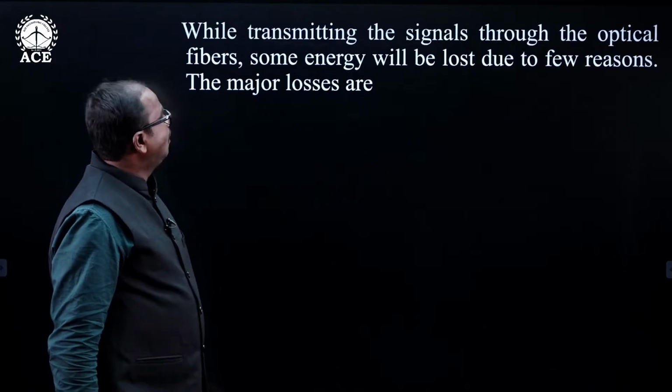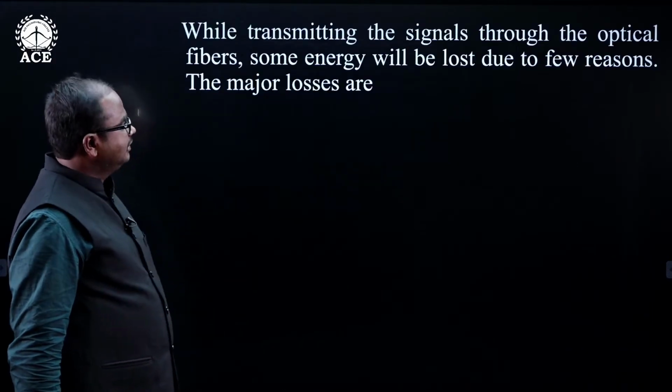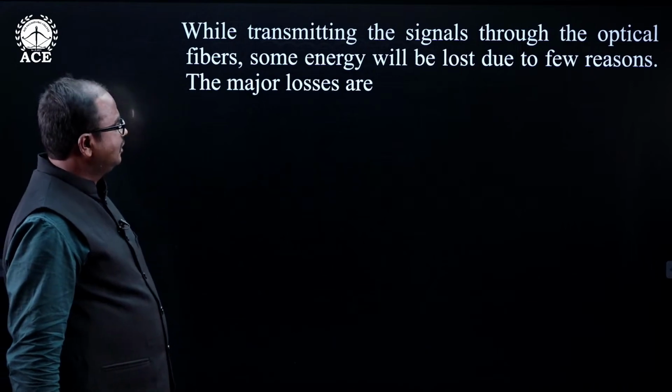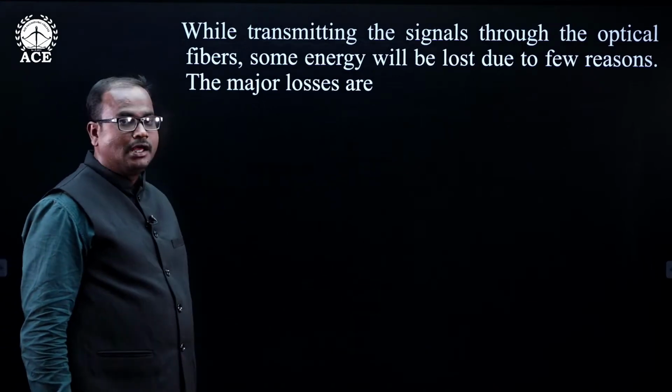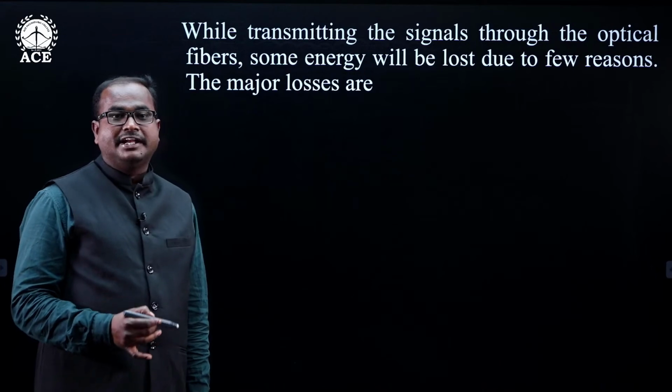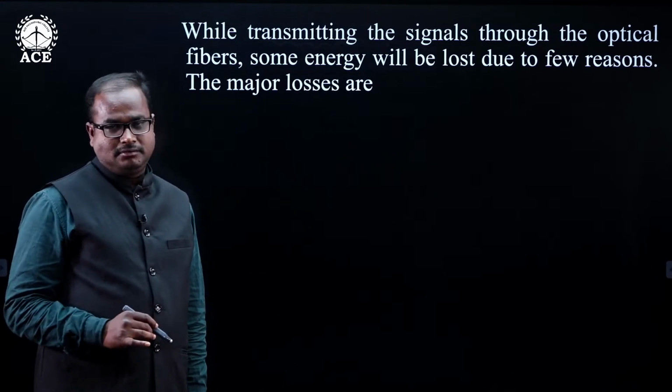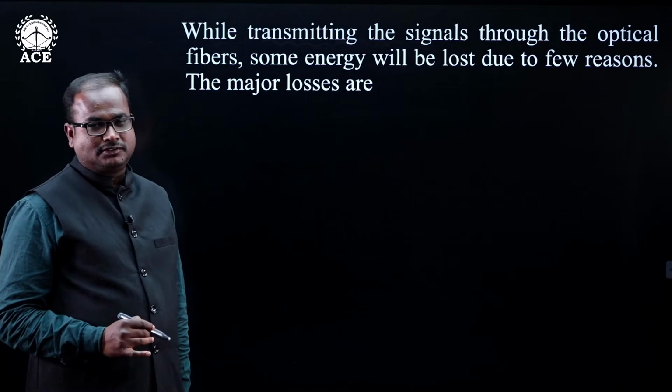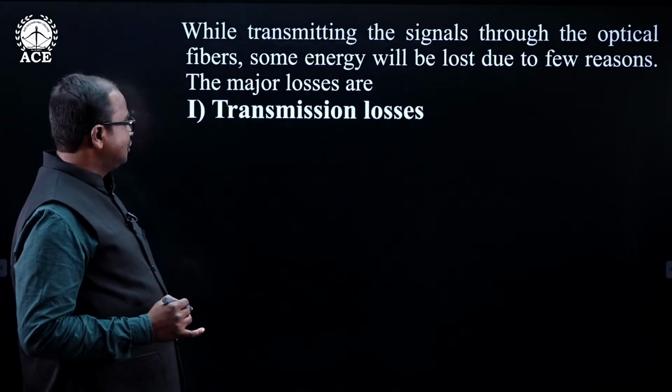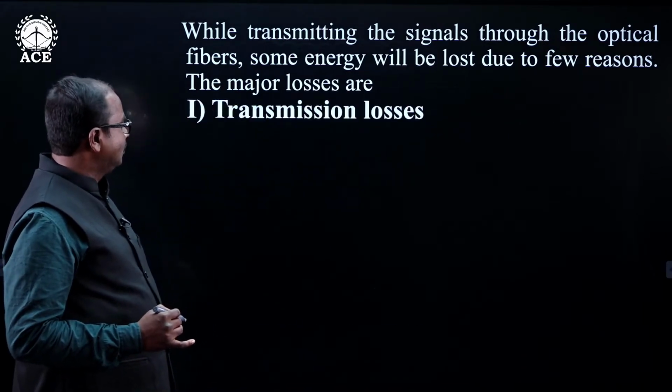Now, while transmitting the signals through the optical fiber, some energy will be lost due to a few reasons. How many types of energy losses will be there? Attenuation is divided into two.